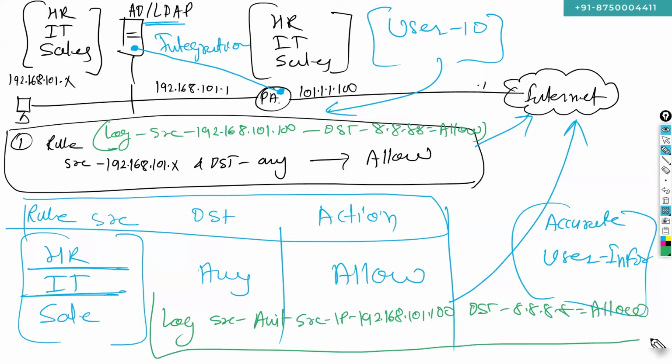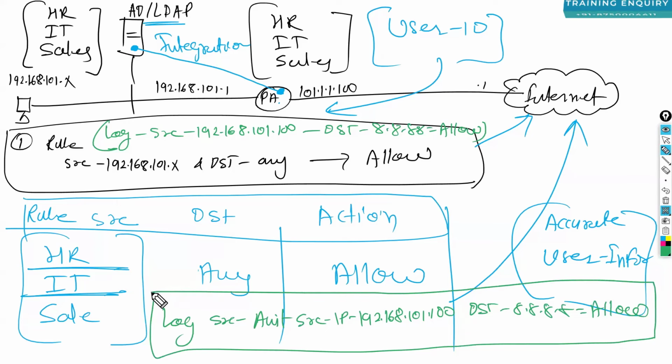So this log is more relevant as compared to the first log. In the first log, it will either be allow or deny, and we have only the source IP information, but no idea who the user was. But here you can see the source user was Amit or Anil, whatever.